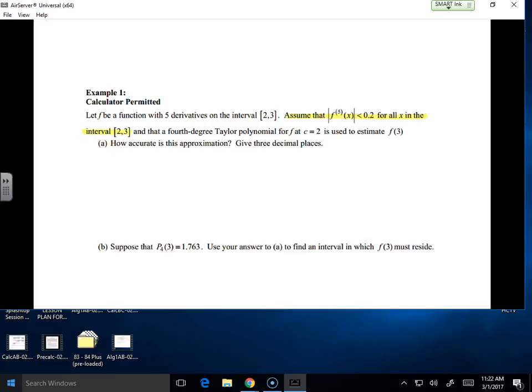And that a fourth degree Taylor polynomial, P4 of f at 2, is used to estimate f of 3. How accurate is this approximation? Give 3 decimal places. Yes, we are using our calculator.